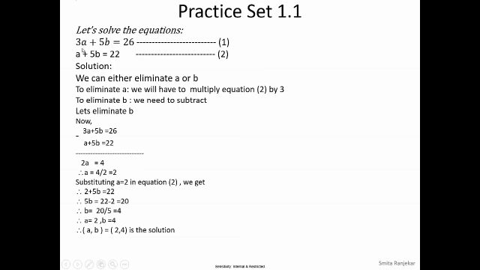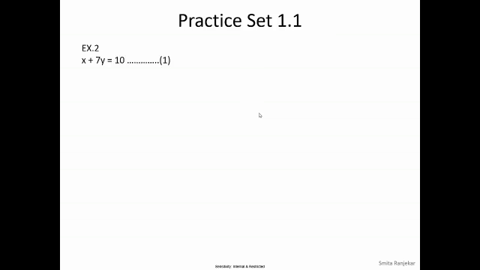Let's see the next sum. That is x plus 7y is equal to 10, 3x minus 2y is equal to 7. Children, when we are solving linear equations, then we eliminate one of the variables, and for that we have to make coefficient of one of the variables equal. Here, if you will observe, coefficient of x in first equation, here nothing is written, means it is 1, not 0.